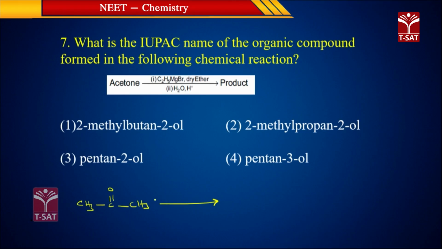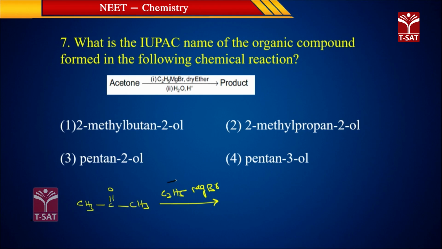This is a Grignard reagent. How can you break the Grignard reagent? It will be C2H5 minus, Mg plus, and Br minus.